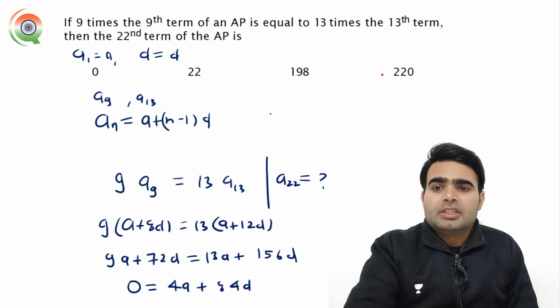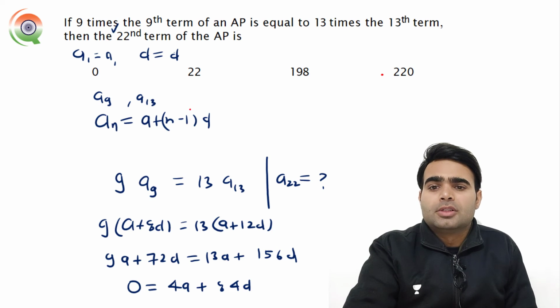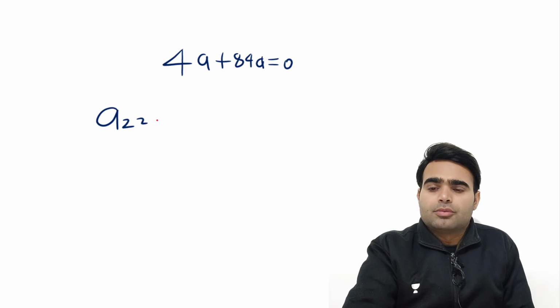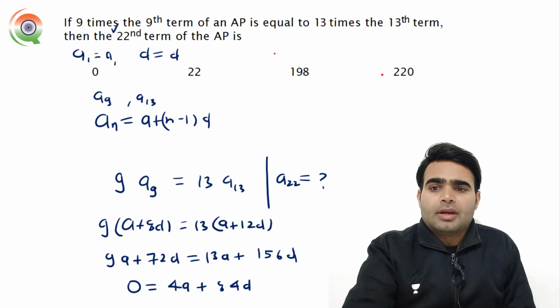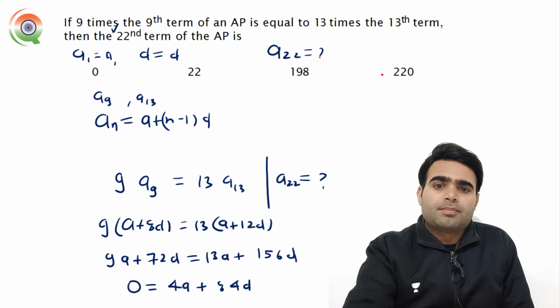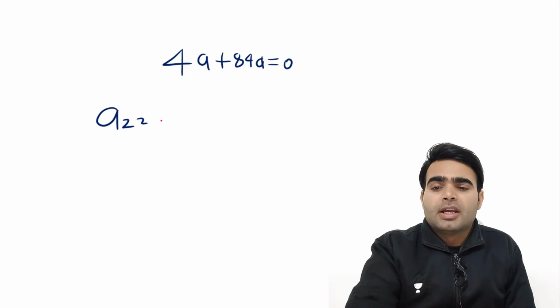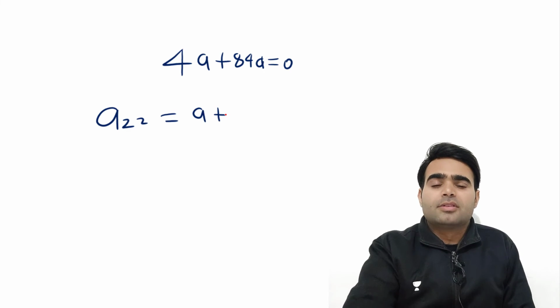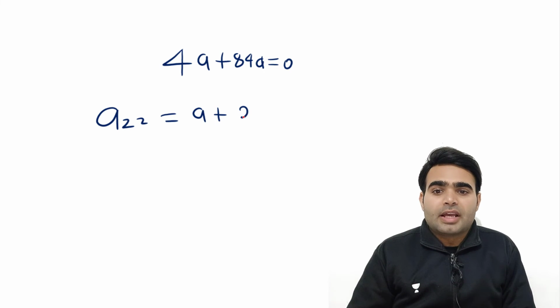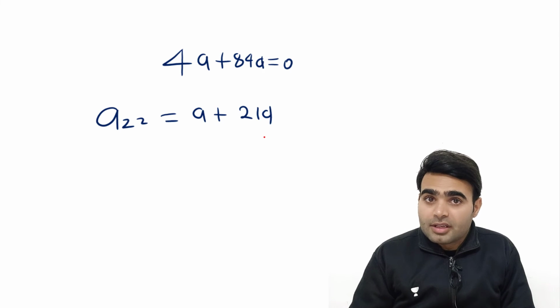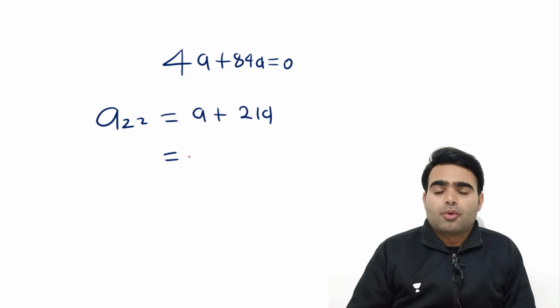What we need is just the 22nd term, that means A22. We have to find the A22 term. A22 will be A plus 22 minus 1, that is 21D. So this will be A plus 21D.